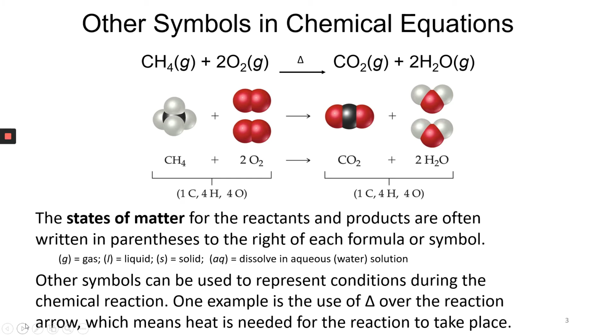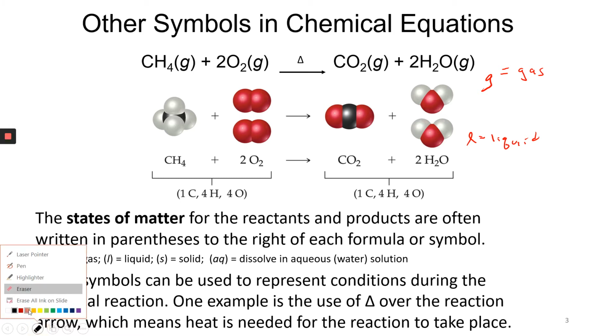Some other important symbols in chemical reactions are the states of matter, where G is for gas, and S is for solid, L is for liquid, and AQ is for aqueous, meaning dissolved in water.